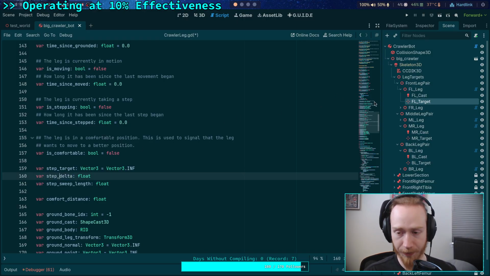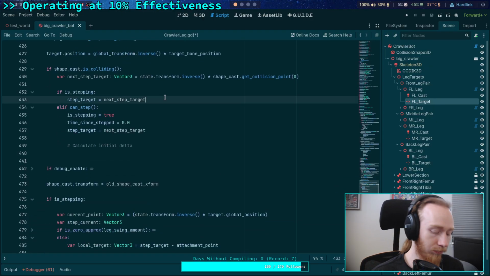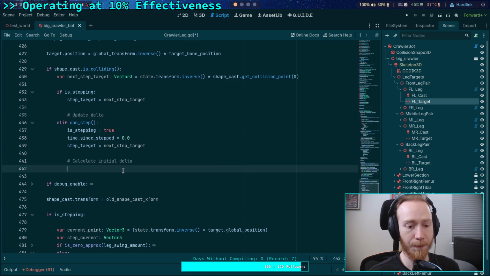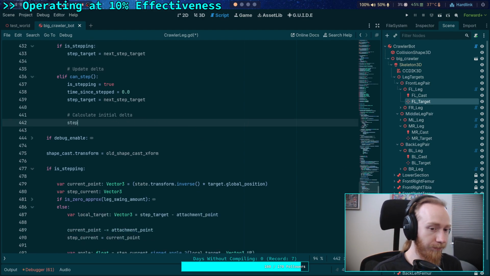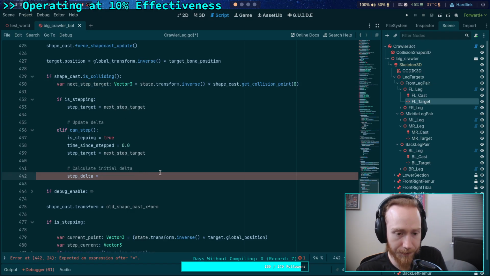So just back to step delta. And this is right relative to the body.